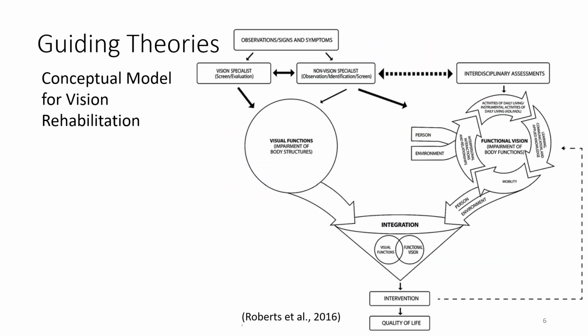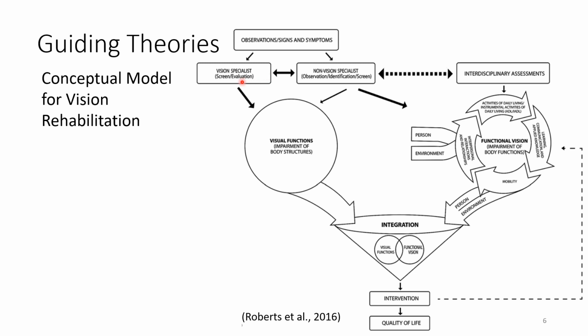And lastly, a conceptual model for vision rehabilitation. This model offers well-defined role delineation between vision specialists and OTPs and a framework for collaboration. The diagram shown here depicts the signs and symptoms that initiate a referral to vision specialists and non-vision specialists, as well as the referrals from one to the other.